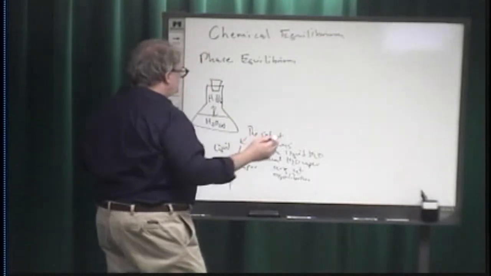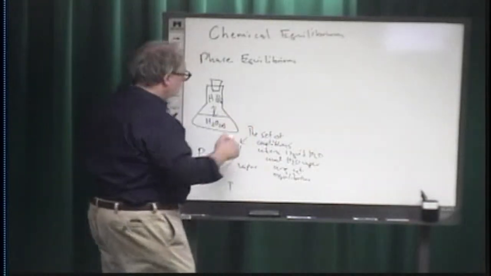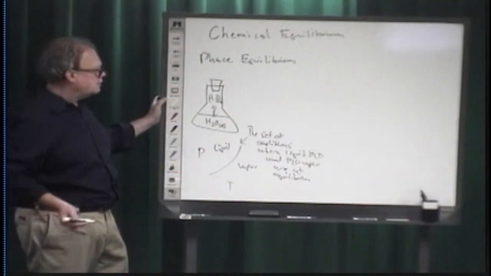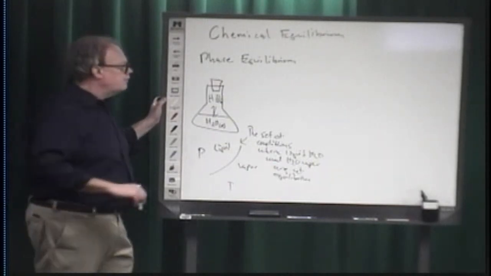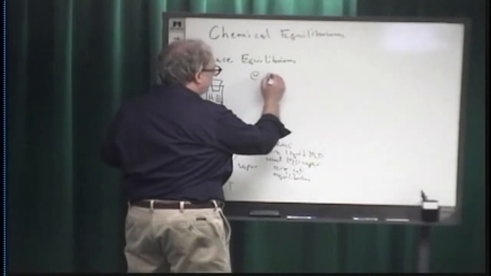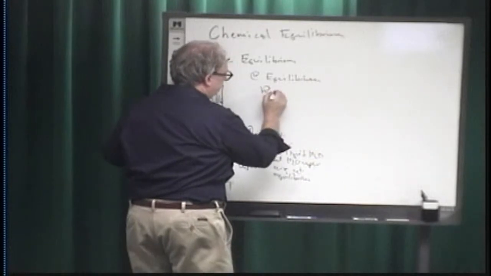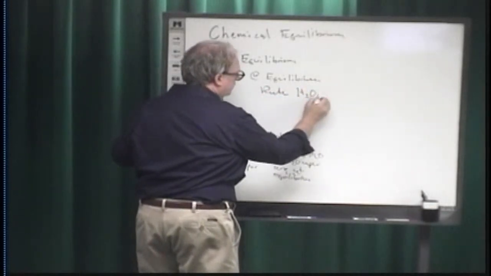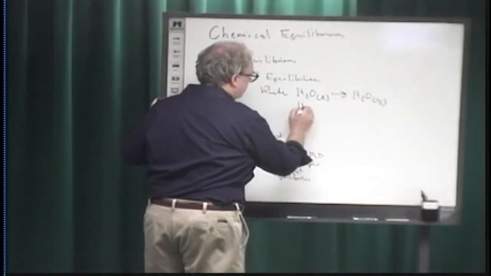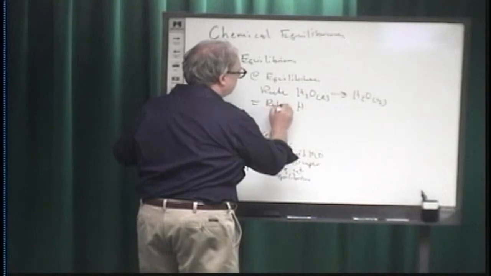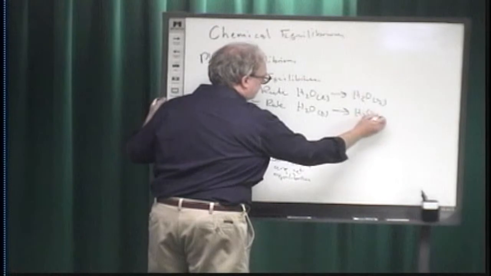Now, this is a dynamic equilibrium, okay? So while liquid water molecules are constantly going into the vapor phase, and vapor phase water molecules are constantly going into the liquid phase, what we can say is that at equilibrium, the rate at which liquid water molecules go into the vapor phase equals the rate at which gas phase water molecules go into the liquid phase.